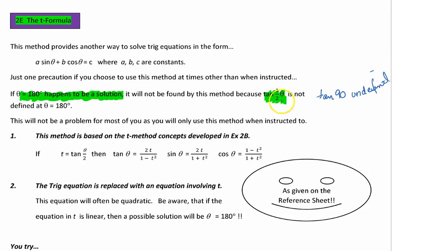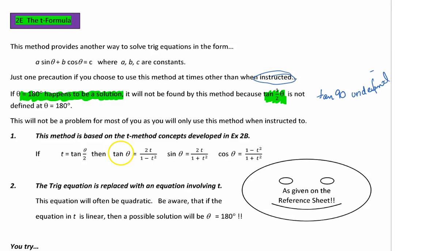So you won't ever get theta being 180 using this method, but it could possibly be a solution. So that's just something to be aware of. Certainly if you're instructed to use this method, this is not going to happen. Okay, so in general, only use the method when instructed to.